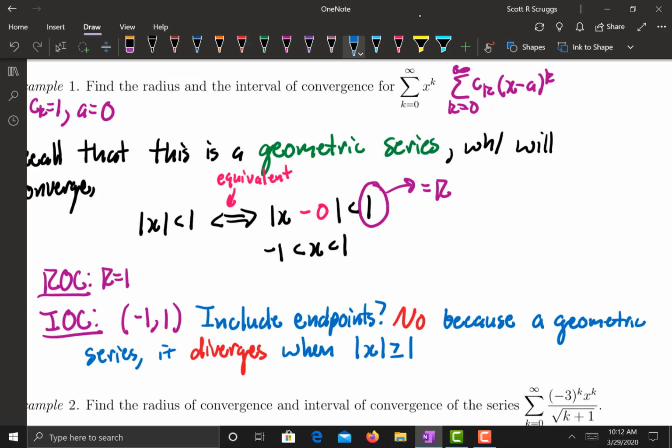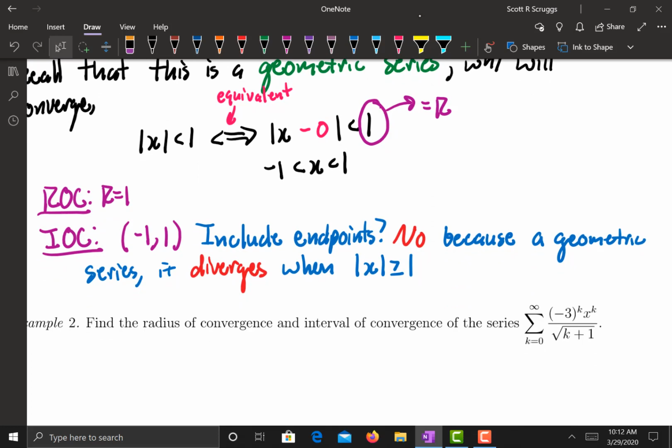And so if I plug in -1 or 1 into my power series, I will essentially be at the point where my series will diverge. And so in example 1, I do not include the endpoints, and so my interval of convergence will be -1 to 1, with open brackets on the left and right endpoints.